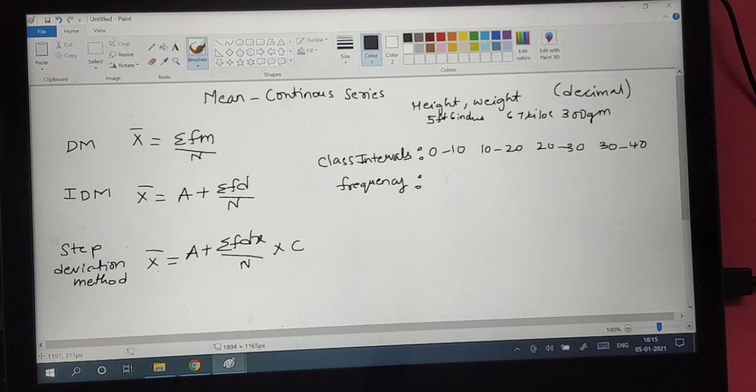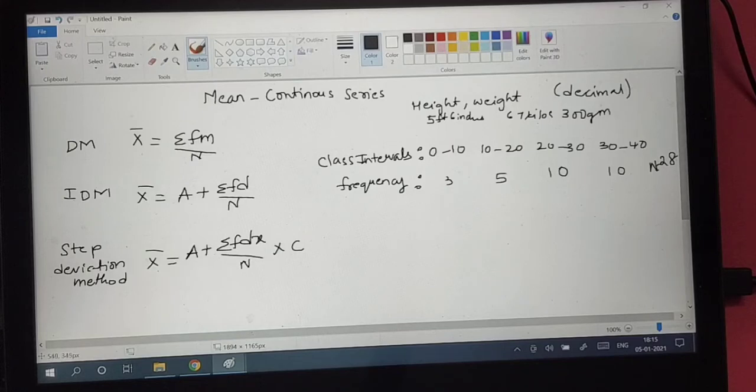So people weighing between 0 to 10 are 3 members, 10 to 20 are 5 members, 20 to 30 are 10 members, and 30 to 40 are 10 members. So here n, the column total, will become 28. So this is how we will be having the data in continuous series.